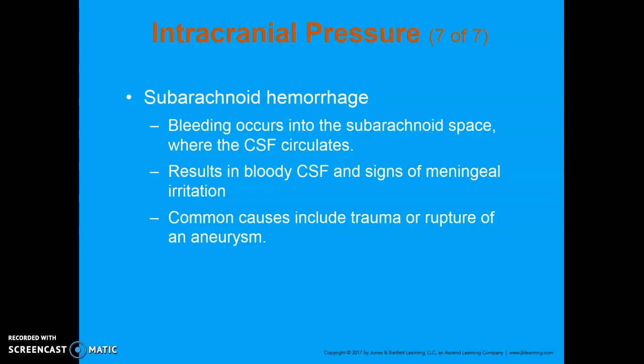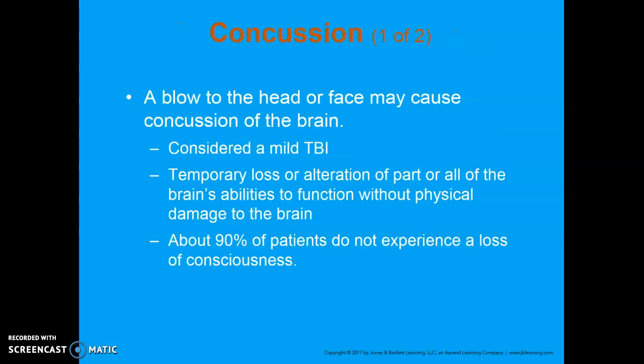It's generally going to be a fair amount of trauma. It can be a ruptured aneurysm as well, but you get a sudden severe headache, and it usually results in death. Survivors often have some sort of permanent neurologic impairment, but that's definitely not the one you want to have.